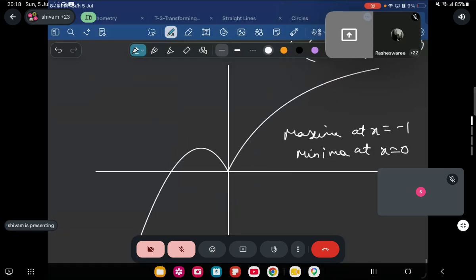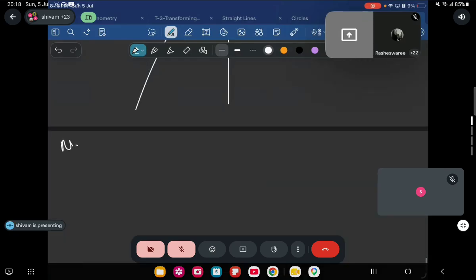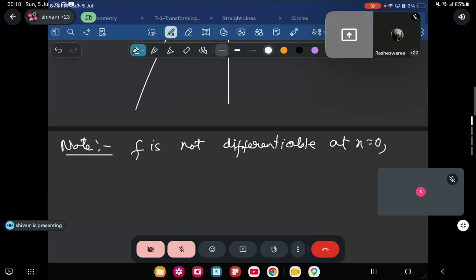Those who are online, are people getting? Yes or no? But also note it down. F is not differentiable at x equal to 0.